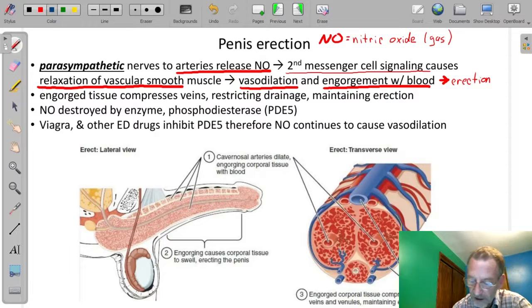So these veins are compressed, and that blocks the exit. Veins compress, and that restricts the drainage of the blood. And that maintains the erection.